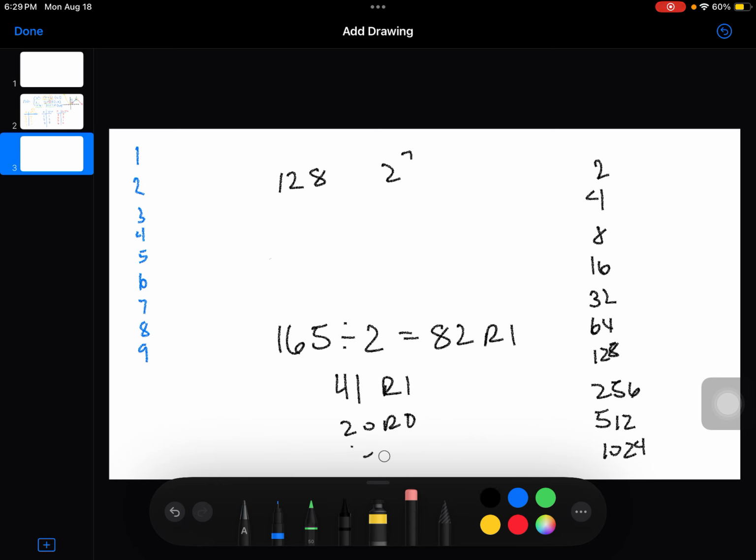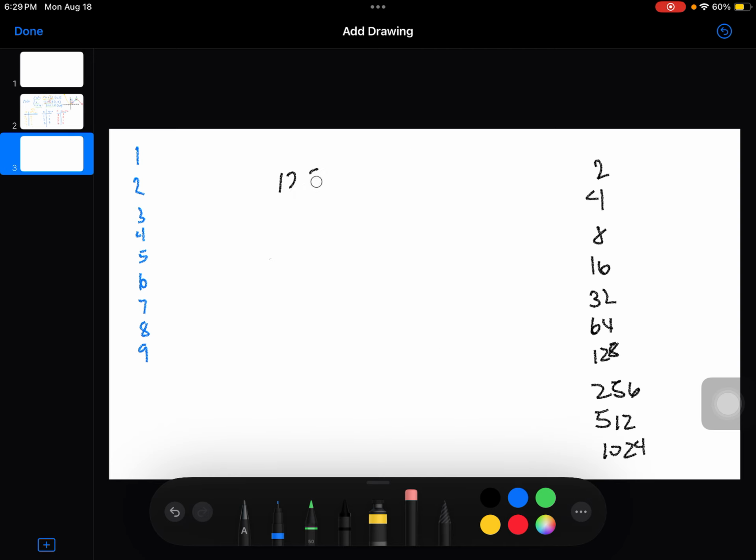Given those, let's try a different number since we already know what 165 is going to turn out to be. Let's do a number between 1024 and 2048, say 1,215.